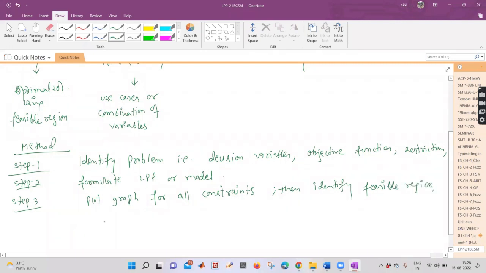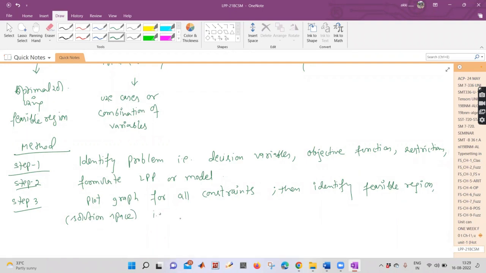This feasible region is going to be my solution space, which means my solution would lie somewhere here only. It is the intersection of all the regions made by the constraints. I'm writing the shortcut: intersection of all the constraints.